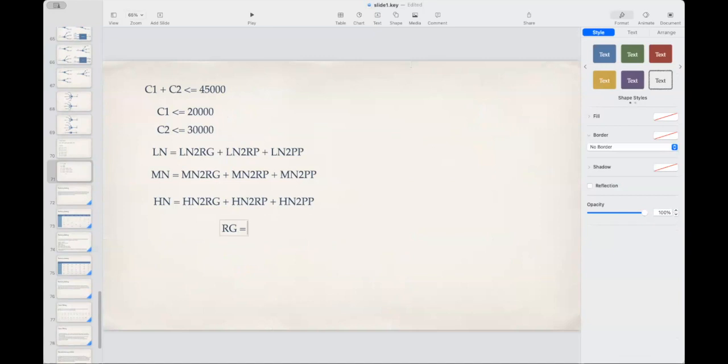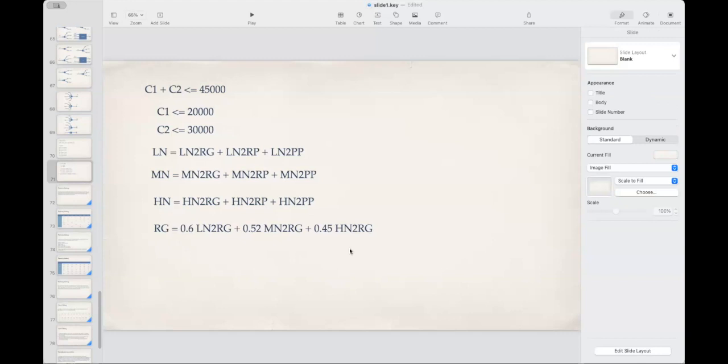Rg is the summation of 0.6 of Ln to Rg, plus 0.52 Mn to Rg, plus 0.45 Hn to Rg.